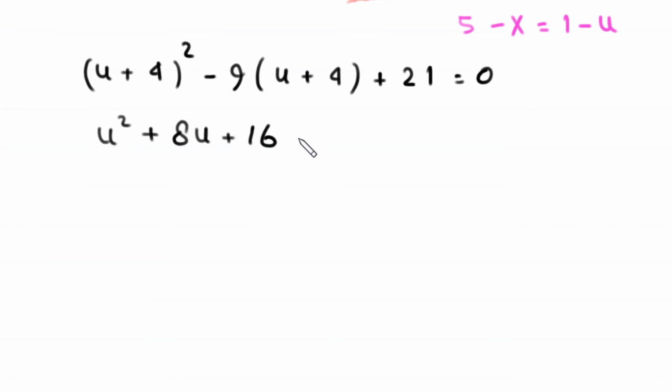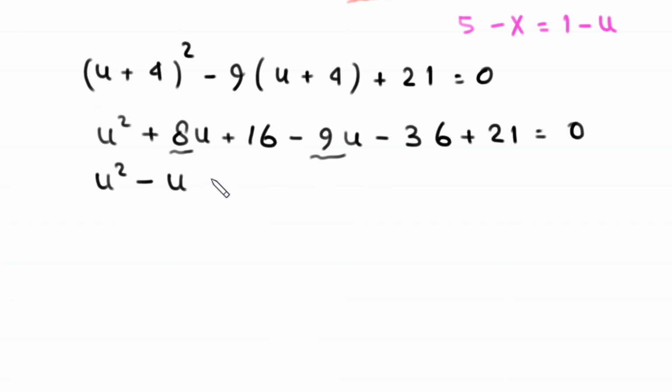Negative 9 times u is negative 9u, and negative 9 times 4 is negative 36, plus 21 equal to 0. Further simplify, this will become u squared, 8u minus 9u will become negative u, and 16 plus 21 is 37, 37 minus 36 will become plus 1 equal to 0. Let's call this equation number 1.